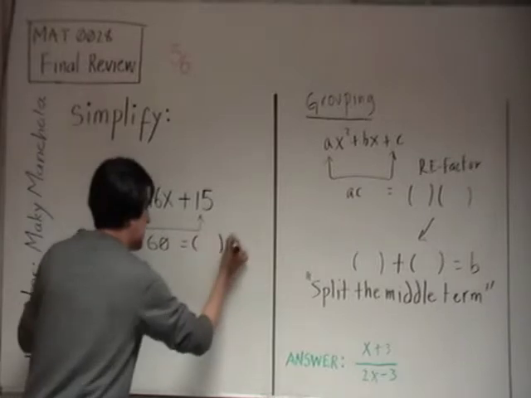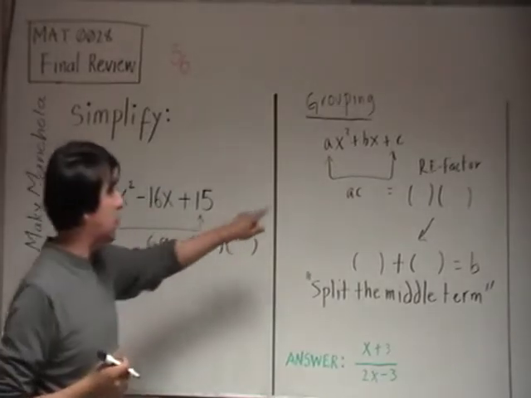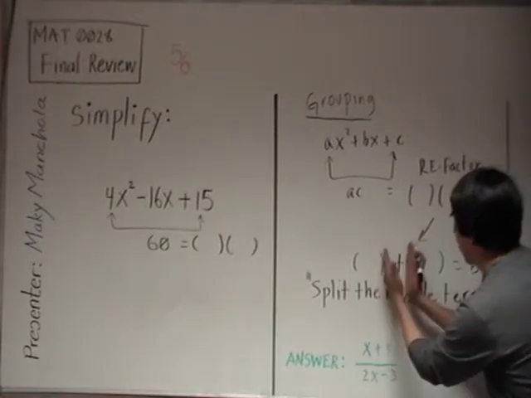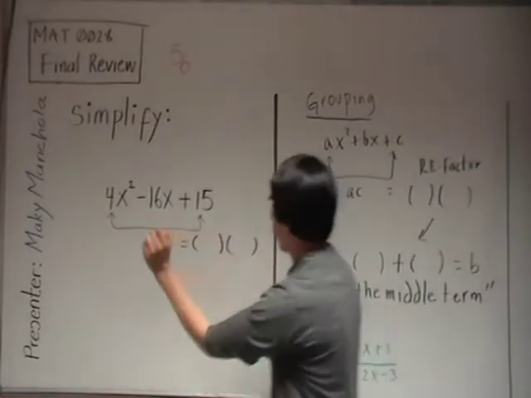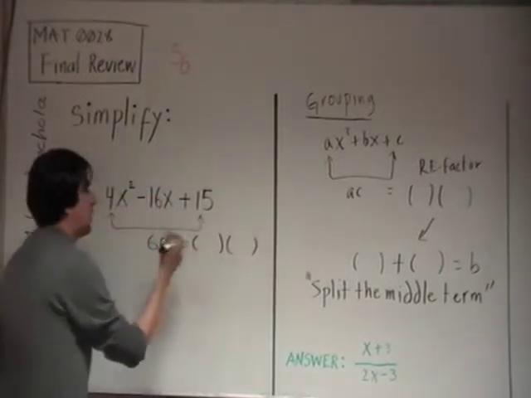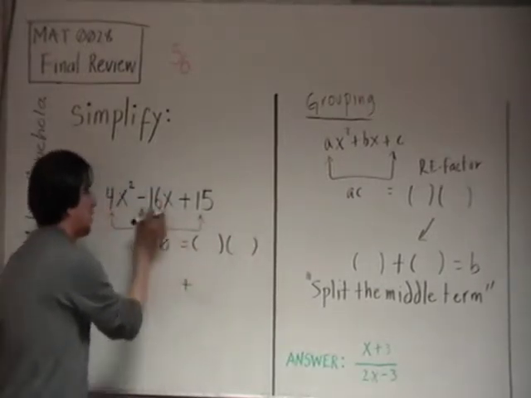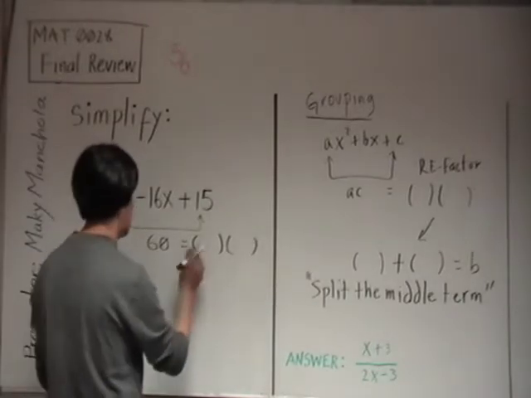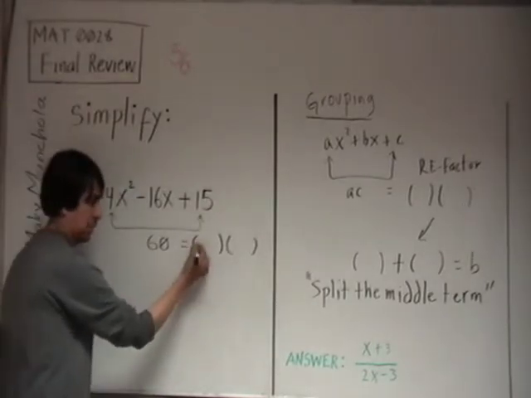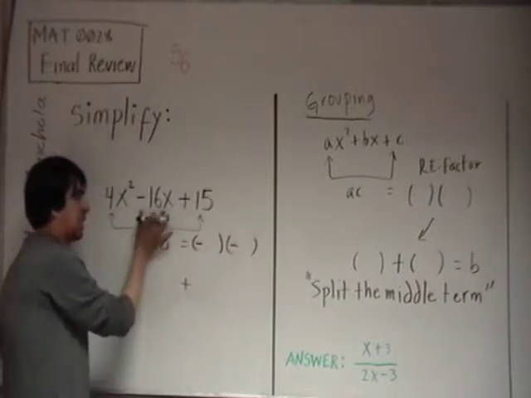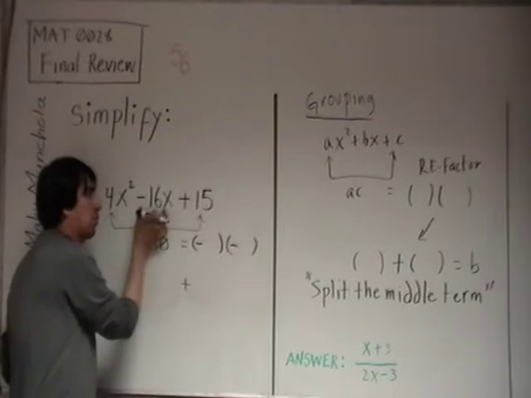Now, here is the crucial step. I need to refactor 60 into two factors that when combined give you the middle term, negative 16. They both have to be negative, because we want the product to be positive, but at the same time we want them to add up to a negative number.